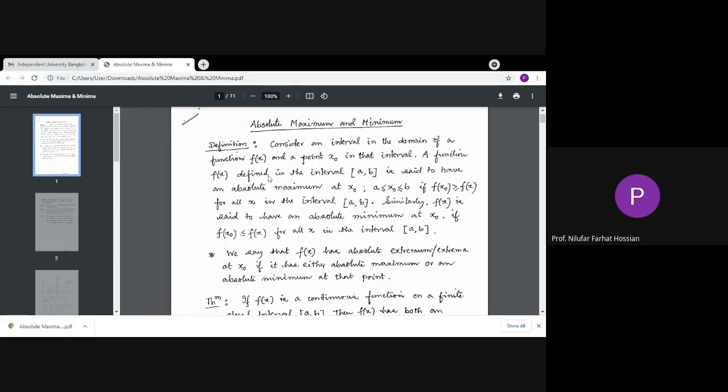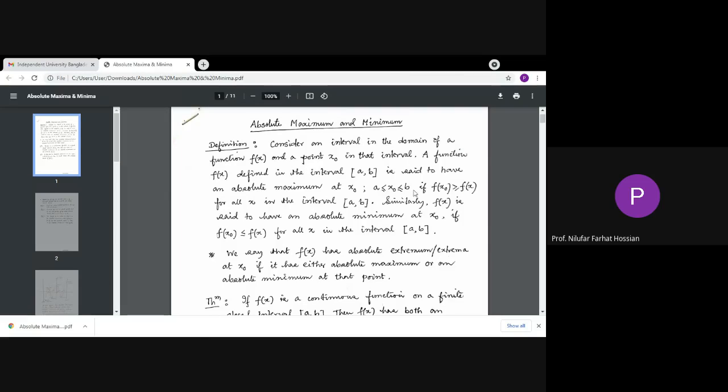So a function f(x) defined in this interval is said to have an absolute maximum at the point x naught, where x naught lies between a and b, if the value of the function at x equal to x naught is greater than or equal to f(x) for all x in that interval.